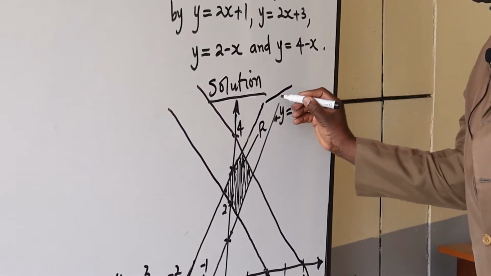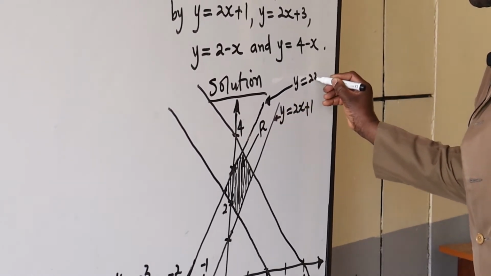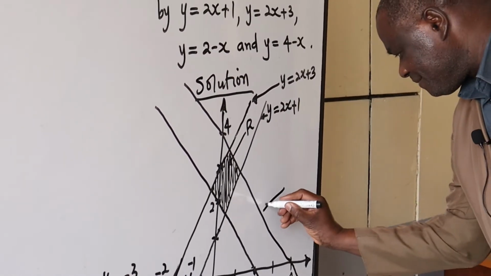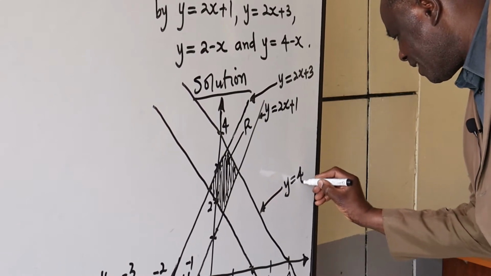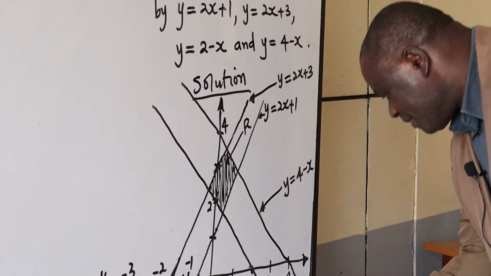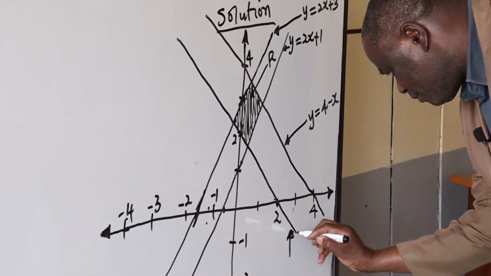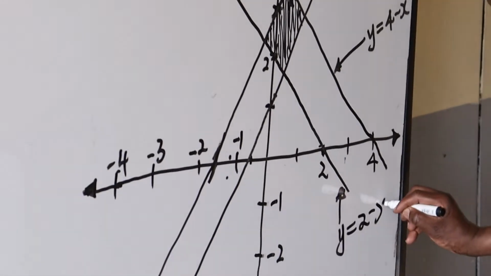This other one is y equals 2x plus 3. And this other one is y equals 4 minus x. And this one is y equals 2 minus x.